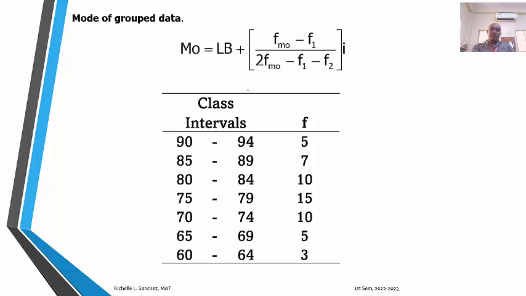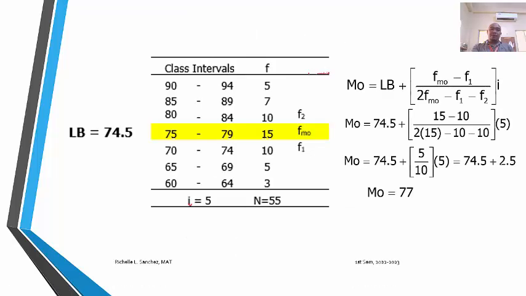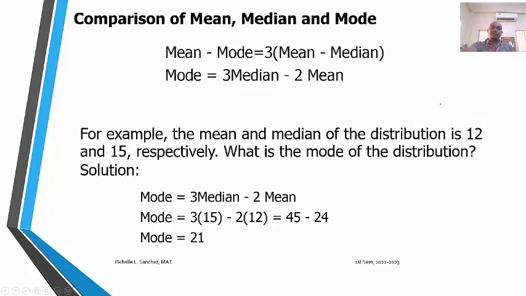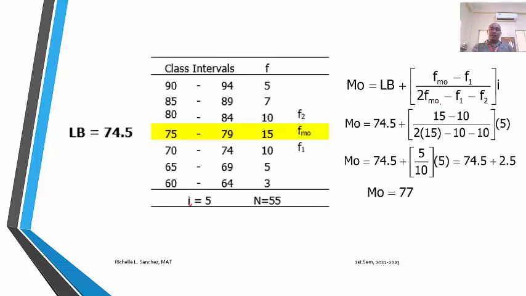We have mode, Mo, is equal to the lower boundary of the modal class, plus f_mo, the frequency of the modal class minus the frequency before the modal class, divided by twice the frequency of the modal class minus the frequency before the modal class minus the frequency after the modal class.